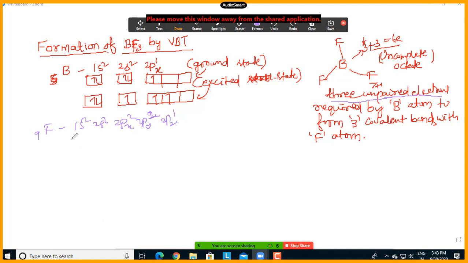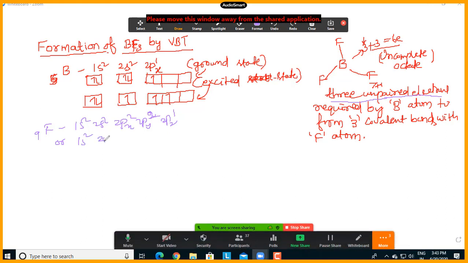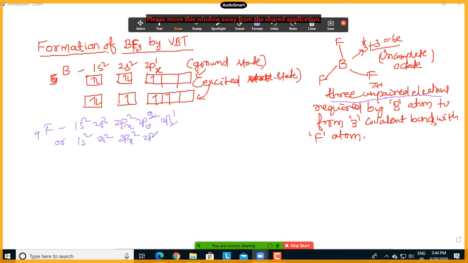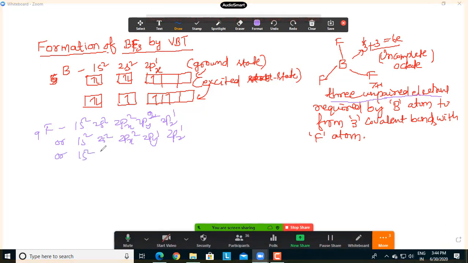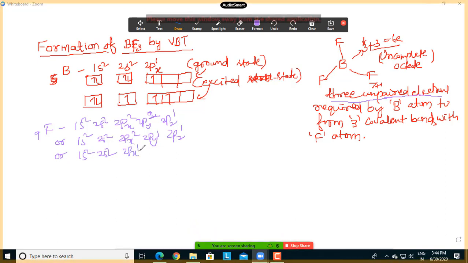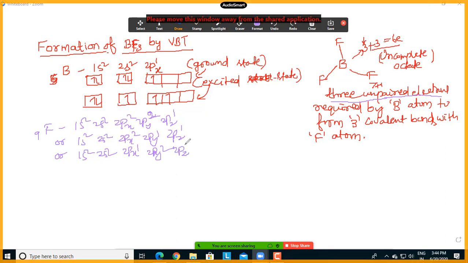So this you can also write like this, 1s2, 2s2, 2px2, 2py1, 2pz1. Or you can write like this, 1s2, 2s2, 2px1, 2py2, 2pz2. So the unpaired electron can be written here or here or here like this.